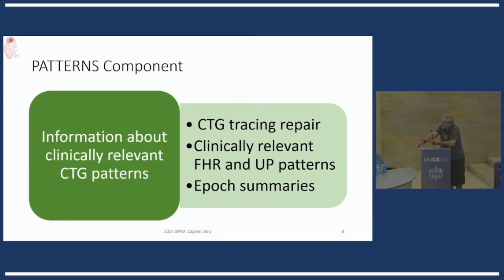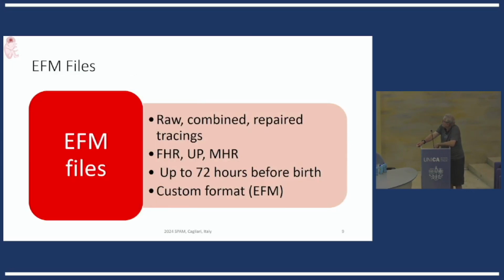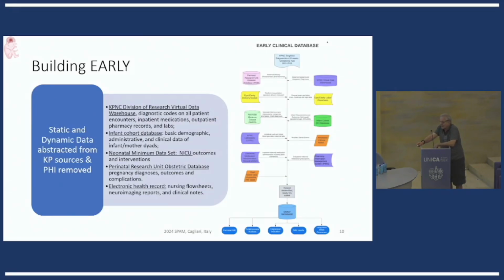Clinically relevant FHR and UP patterns are identified, and then summaries of these patterns over each epoch. And the EFM files themselves include the raw files, files that have been combined, I'll talk about this in a minute, repaired tracings, FHR, UP, and maternal heart rate, up to 72 hours before birth, and these are stored in a custom format which makes it easy for us to acquire the data.